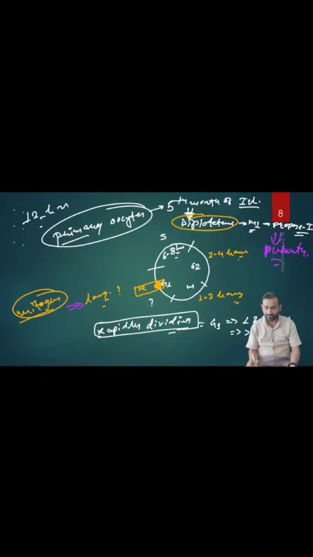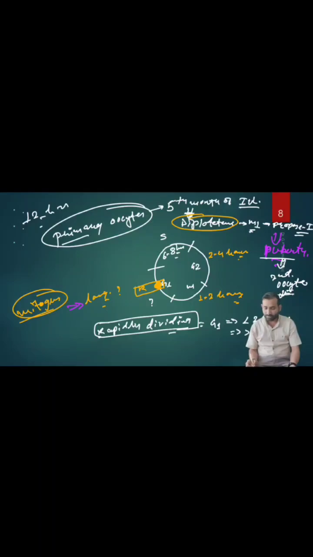Another variation here: when these primary oocytes become a secondary oocyte, they go through further division and get stuck in metaphase 2.